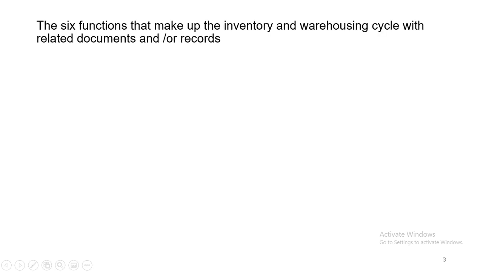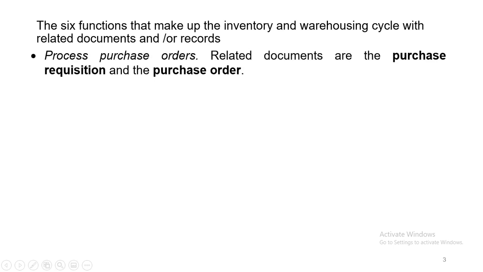So there are 6 functions that make up inventory and warehousing cycle with its related documents and or records. So in auditing production cycle, the auditor must first understand the flow of documents in the accounting information system of the company. So from process to purchase orders, which includes purchase requisitions and purchase order.